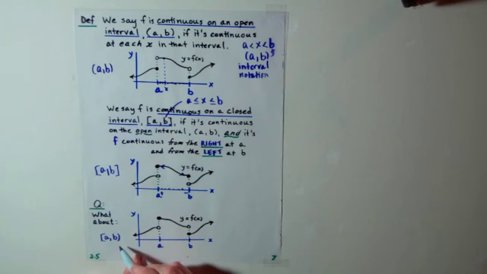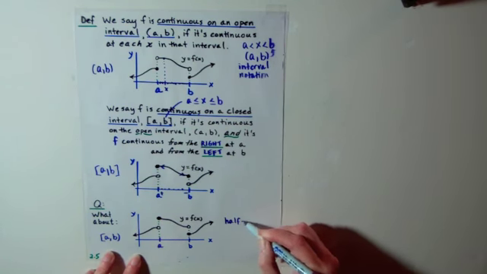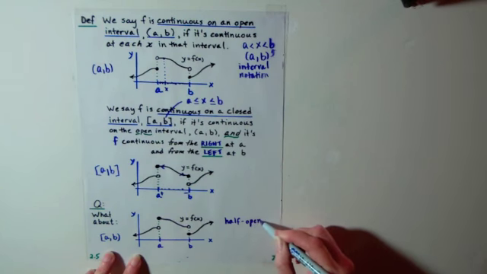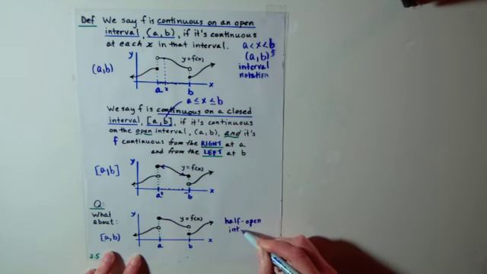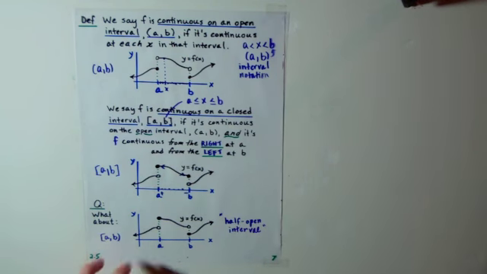This is not an open interval or a closed interval. It's actually what's referred to as a half open interval. I suppose you could call it a half closed interval as well, but we like to stay on the optimistic side, and so we always call it a half open interval.